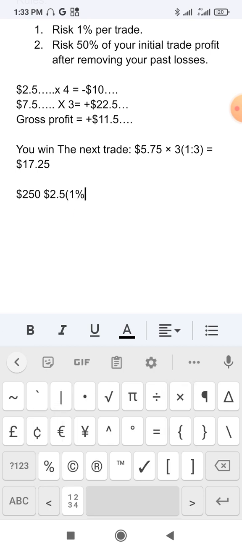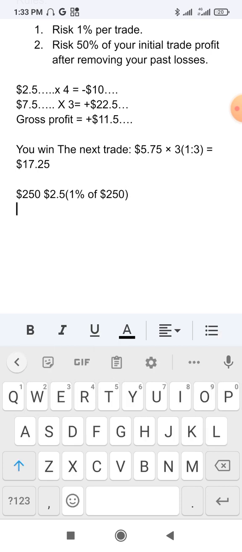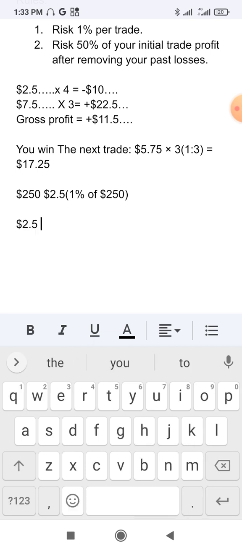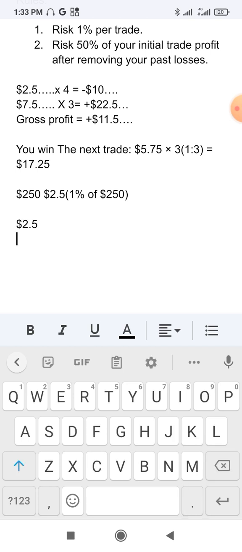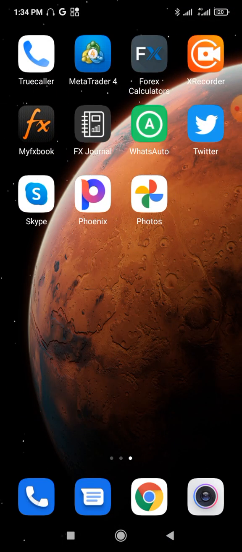If you are risking $2.5 on a trade, how do you get to know which lot size to use? Because you probably are asking, right? That is where this forex calculator comes in handy.